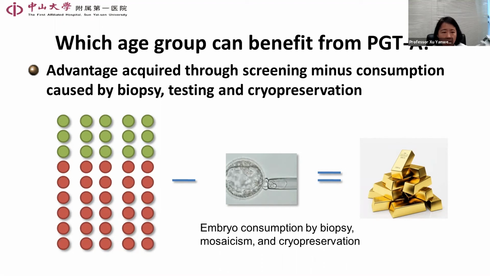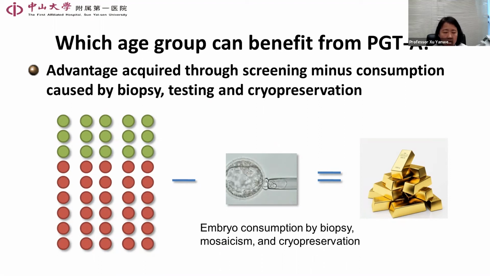That's the high advantage overweighing the consumption caused by the biopsy and testing. For example, in the advanced maternal age group with more than 70% aneuploidy rate, in each embryo transfer cycle, the patient has about 70% chance of transferring an aneuploid embryo.